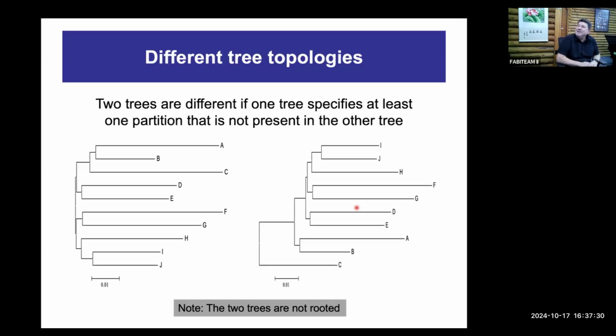I have a question before I ask that. It says note these two trees are not rooted, but to me it looks like the second tree has an outgroup C and therefore it's rooted. Is that not true? Yeah, it's not rooted. I didn't put a root, and neither did I root a tree in the program. When you add an outgroup, you want to root.